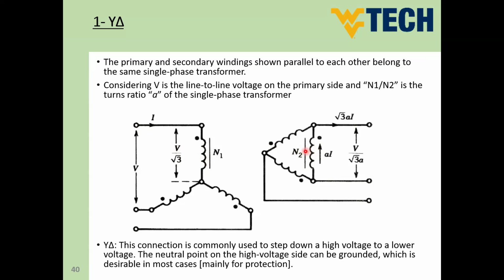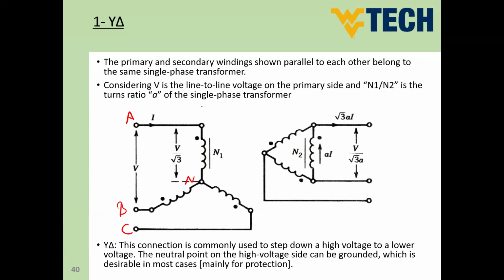So if I would like to write this down, let me write it with you. So I'm going to call the turns or the terminals names. I'm going to say this is capital A, B, and C, and this is the neutral point.